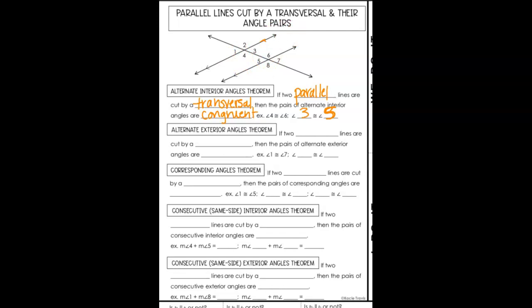Okay, alternate exterior. It says if two parallel lines are cut by a transversal, then the pairs of alternate exterior angles are congruent or equal.